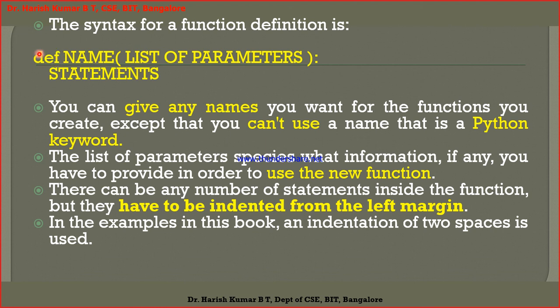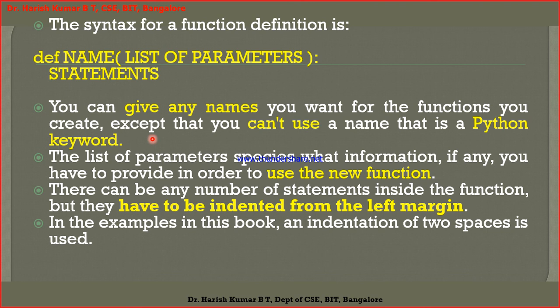First you make use of the keyword def, the name of the function, the list of parameters, then a colon, and then the list of statements with proper indentation. For the function name, you can give any name that you want except the Python keywords. I told you there are 33 reserved words in Python; you cannot use them.